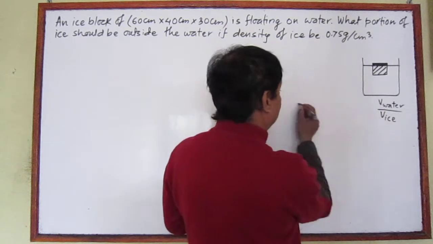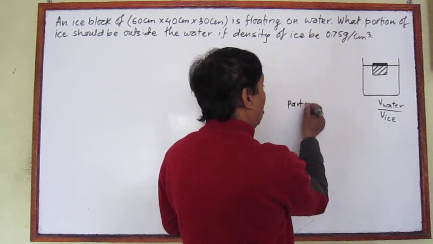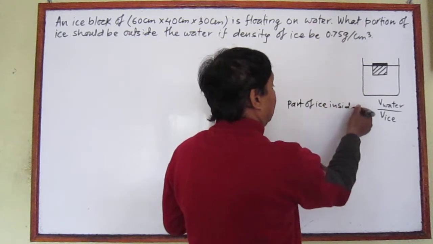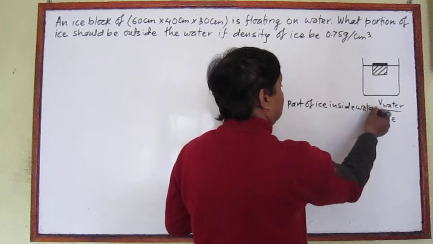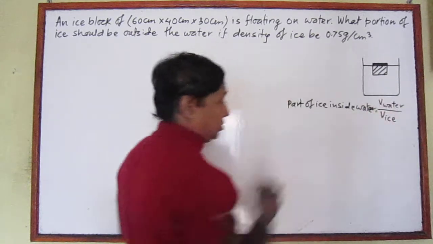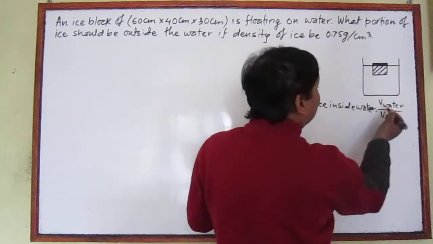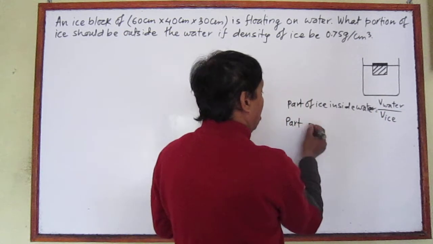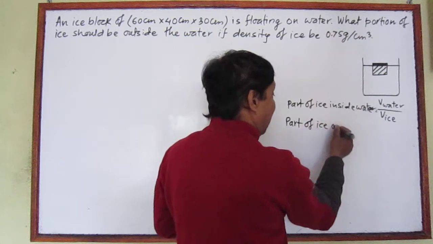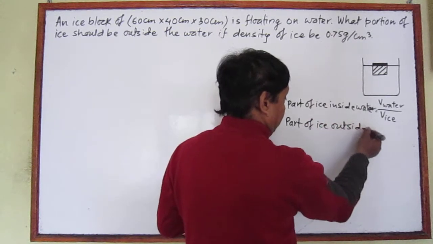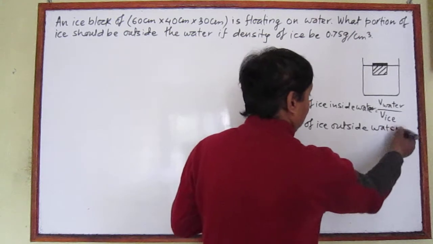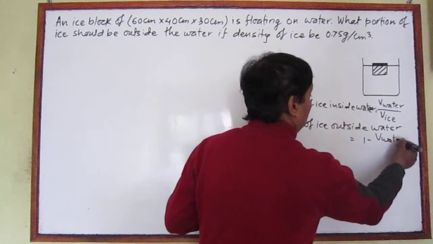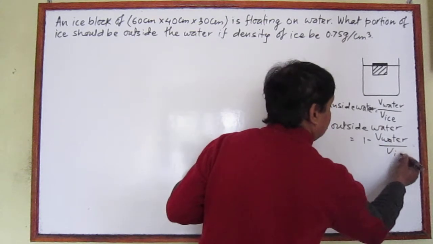This is the part of ice inside water. And if the part of ice inside water is this much, then the part of ice outside water will be equal to 1 minus V water upon V ice.